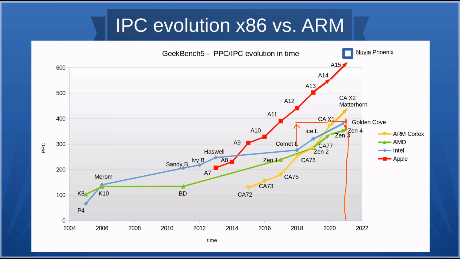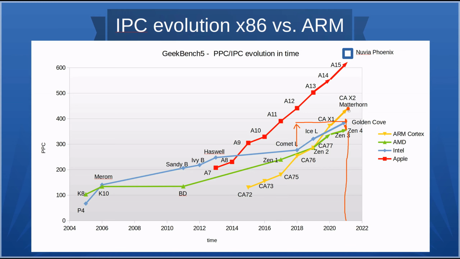But it will be a really interesting, really close fight, if Intel solves the manufacturing issues with 10 nanometers and 7 nanometers, or maybe they will start manufacturing at TSMC, right? But you can see here the Matterhorn, the X2.